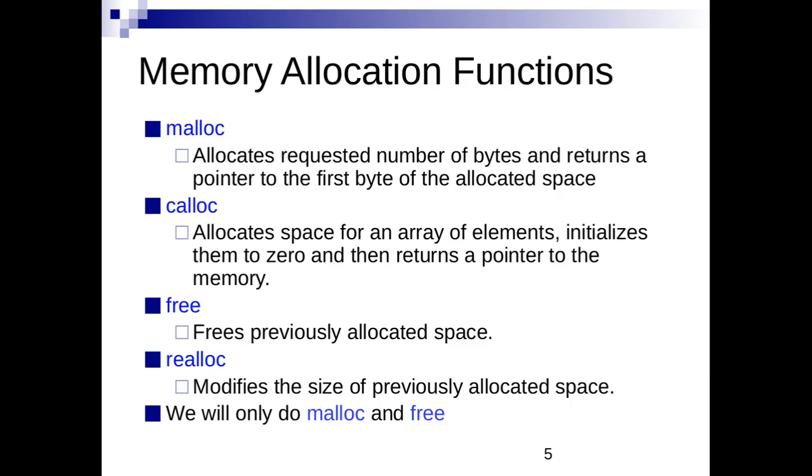Free means that after you call the free function, those spaces are not reserved by the program anymore, and they are returned to the system. Realloc modifies the size of previously allocated space. In this video, we will only do malloc and free.